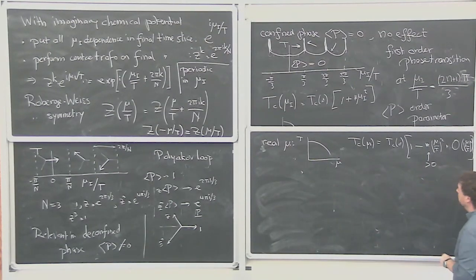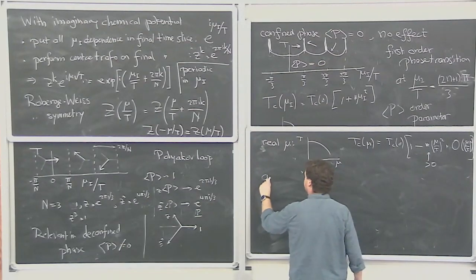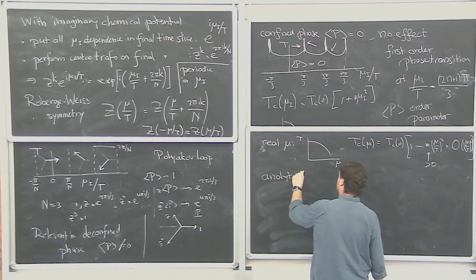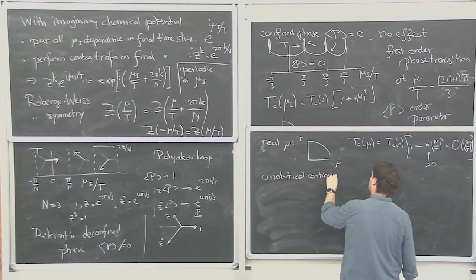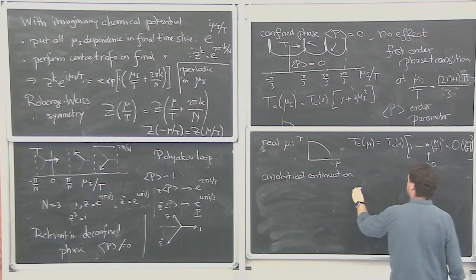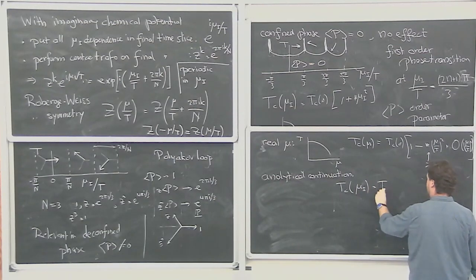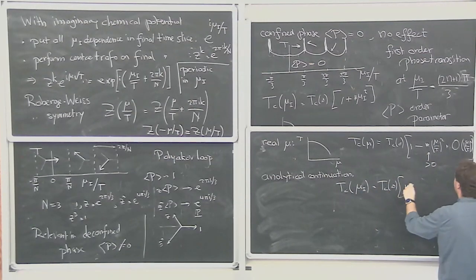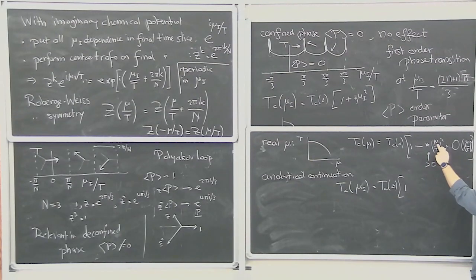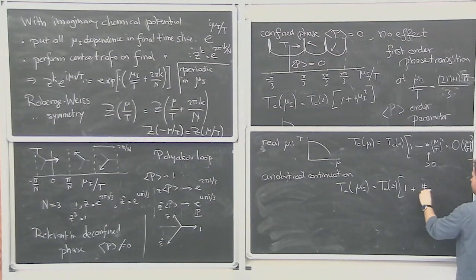Now I consider imaginary mu, so I do an analytic continuation. The critical temperature as a function of mu I will be the same expanded version, but if I change mu to i times mu I, I get i squared as minus, so it becomes plus times mu I over T squared. So minus mu squared goes to plus mu I squared with the same coefficient, because it's an analytic function of mu, or mu squared.